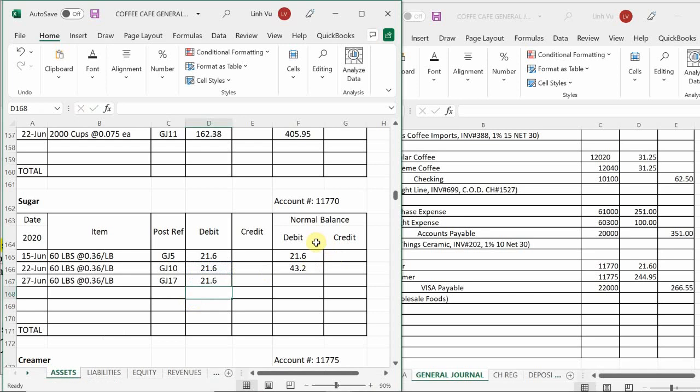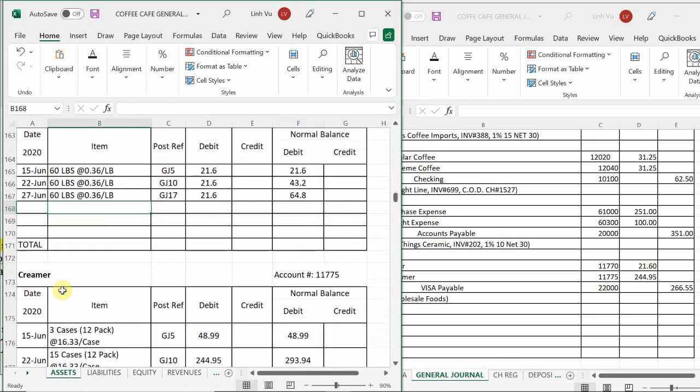So therefore, how much in grand total do you have for sugar? $64.80. 64.80. Good.